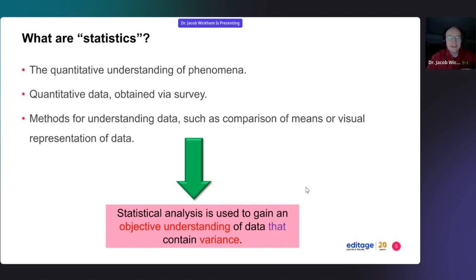If the data contains a very large variance, then you'll need to have a bigger sample size to be able to understand the variance. However, if the variance is very small, researchers do not need as big a sample size. And there's actually some statistical procedures like power tests and effect size.